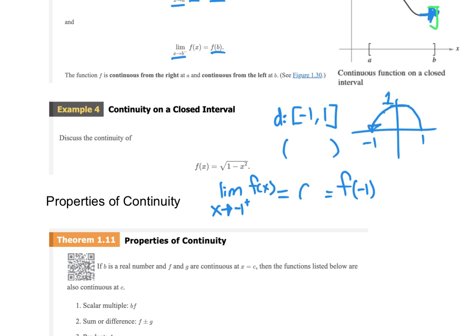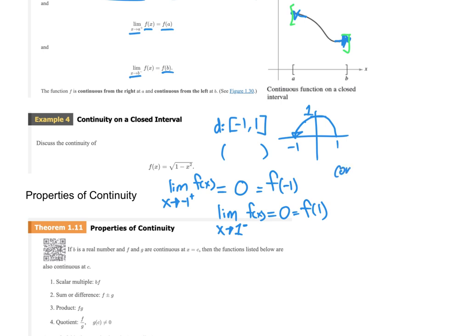So the limit does approach 0, which is in fact what f of -1 also equals. Then we need to check the right boundary point: the limit as x approaches 1 from the left of f of x equals 0, which is also what f of 1 equals. So this is continuous on the closed interval from -1 to 1. Because I put brackets, it is the closed interval.